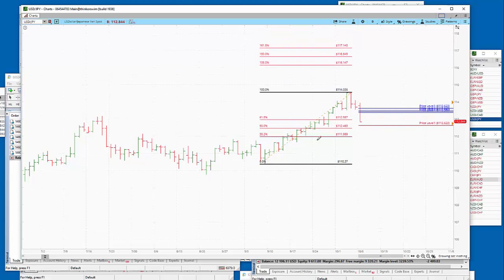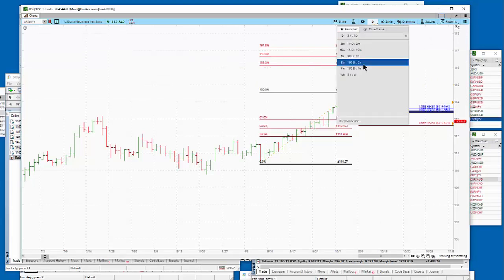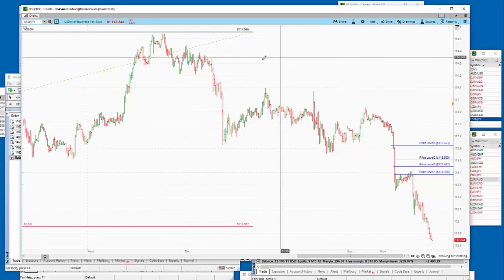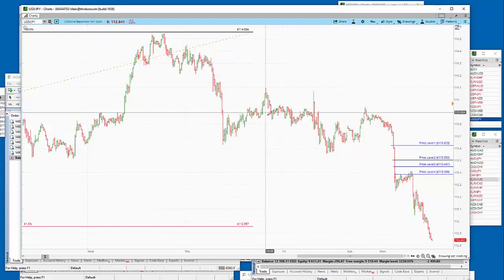When we look at the bigger picture, if this is an A, B, C, D move, eventually these buys are going to be just fine, because this in the bigger picture is where the price is headed. But a lot can happen in a day, and it could take days and days, maybe weeks, for the price to get up here, right? So that's why we can't make all of our decisions off of what's happening on the bigger time frames, right?